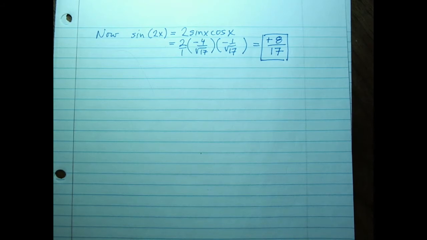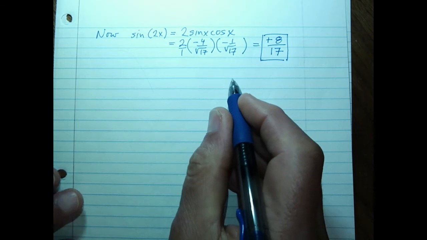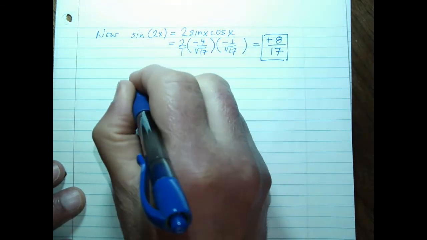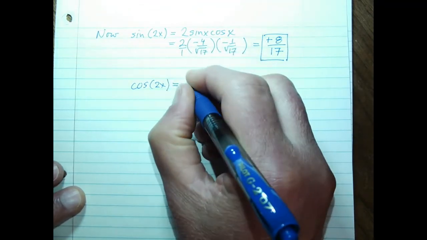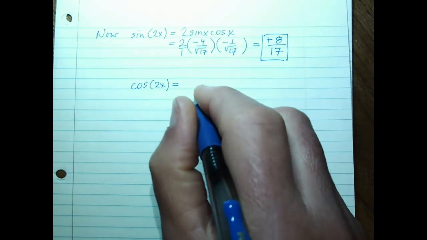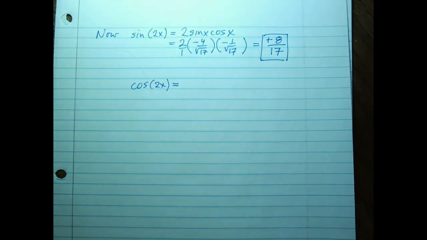Oh, so, well, 2x, that angle is definitely not in quadrant 3. Sine is positive, so we got to be ending up in quadrant 1 or 2, I guess. Okay. Now cosine 2x. I can use any one of those 3 forms of the identity for cosine.